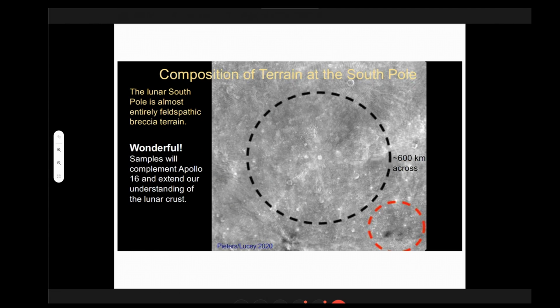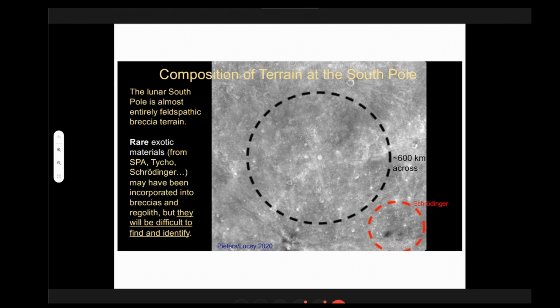The South Pole, however, is far removed from those terrains, so this is a very important sample to obtain. Of course, if that's all we wanted, we could do it robotically. We could simply send a robot there. Next slide, please. But to get these other samples, these more rare samples, we need to very carefully be able to have tools and training to be able to identify them.